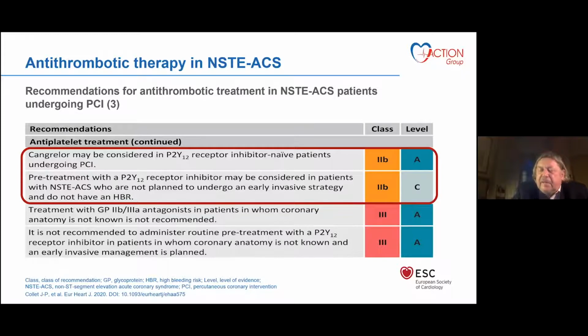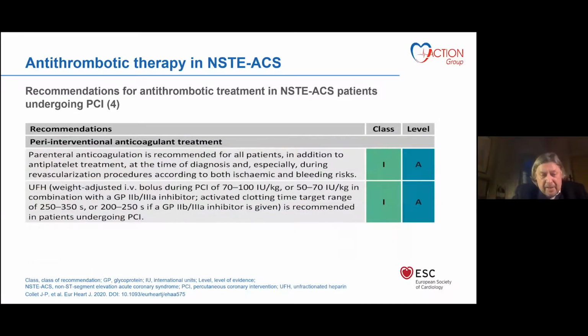And now the question is, should we use a P2Y12 inhibitor in front of the PCI? This is usually no longer recommended if you are quick with your patient, but if you are not, this is still a situation which is done in many centers and also recommended with a relatively low recommendation by the recent guidelines.